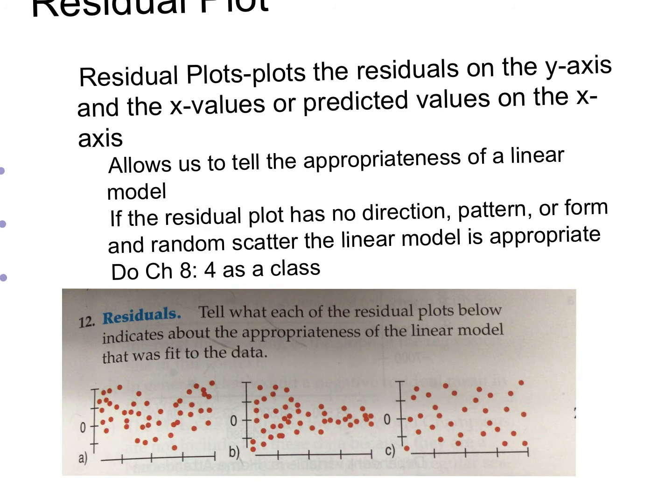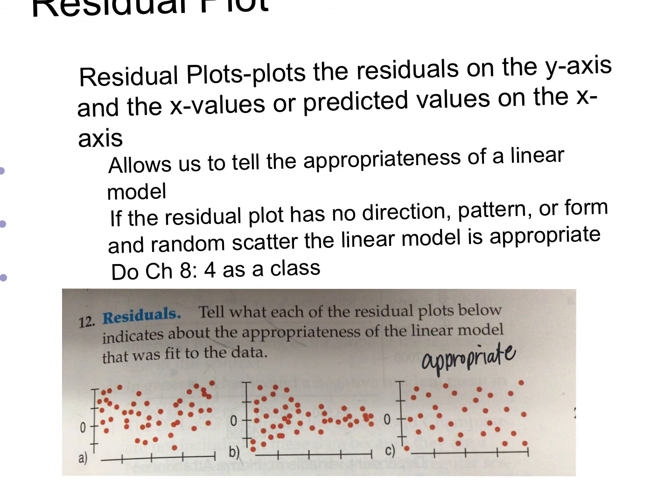Of those 3 residual plots, which one do you think has completely random scatter? No pattern. C, right? C would be appropriate. So if we saw a residual plot like C, we would say a linear model is appropriate.